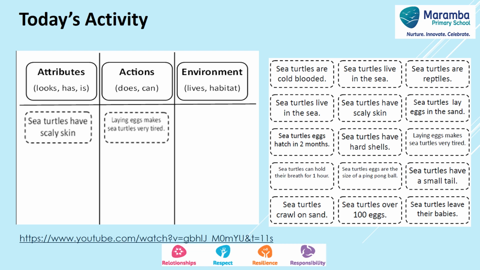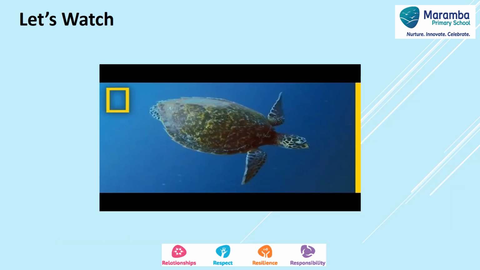In the environment column, I have put sea turtles crawl on sand. And they do this because that is where they lay their eggs. They mostly stay in the water. So don't forget, if you can watch the sea turtles clip at the end, please do so because this will help you with the facts.